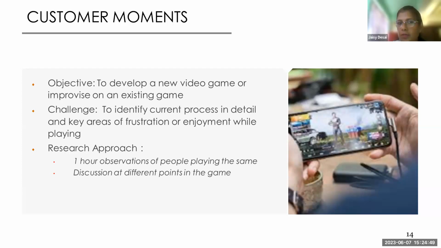And this is about customer moments. Moments is when you want to see someone play a game or maybe cook something, watch how they use a cooker or an oven, or it could be used for any of those products.